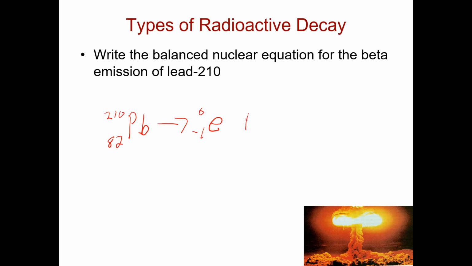So I'm going to go ahead and write my beta particle and then figure out what my other element would be. So 82 minus a negative 1 would give me 83. And my mass number doesn't change since my electron's mass is negligible. And if I look up 83 on the periodic table, I find that that element is bismuth.